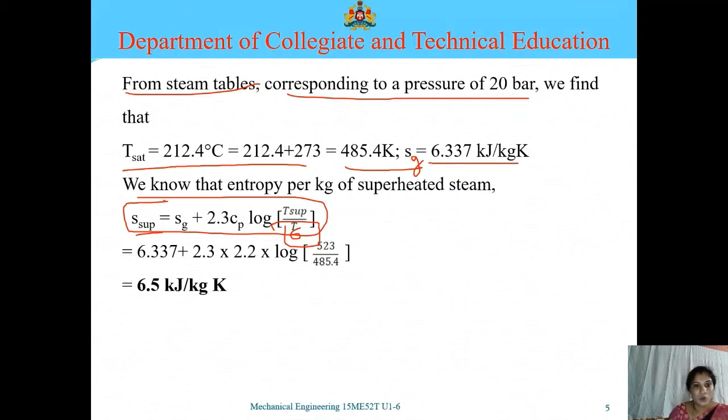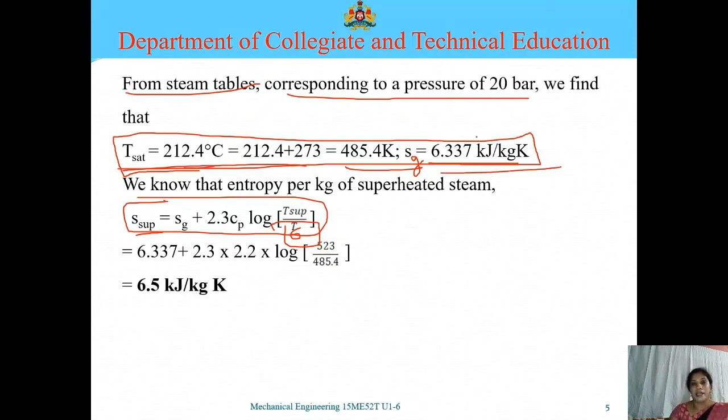These are the two values that we are going to use from the steam table: the value of saturation temperature and the value of Sg, the entropy of dry steam. I am going to write these two values.